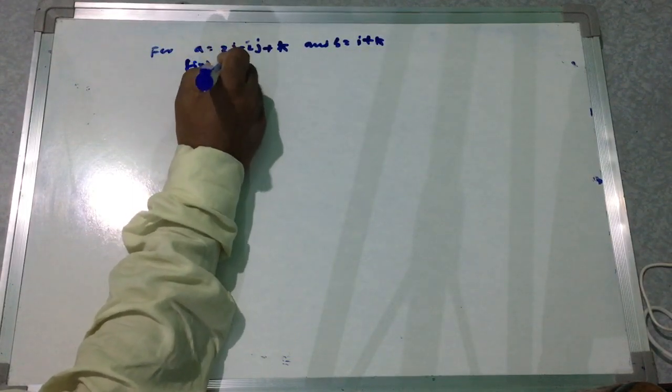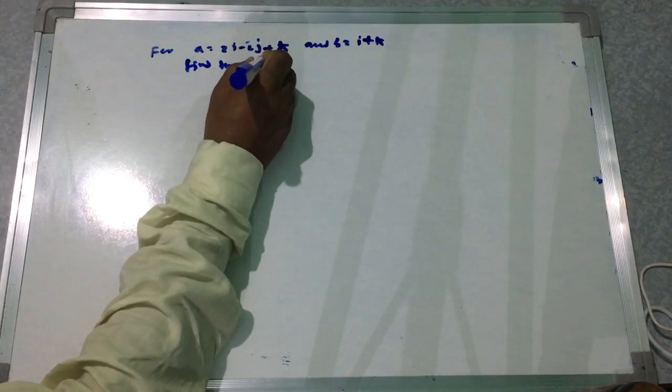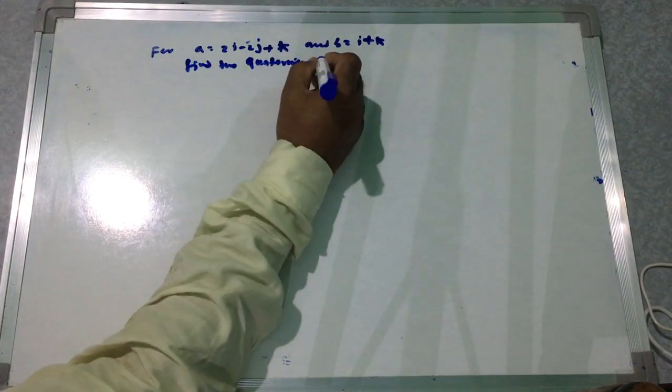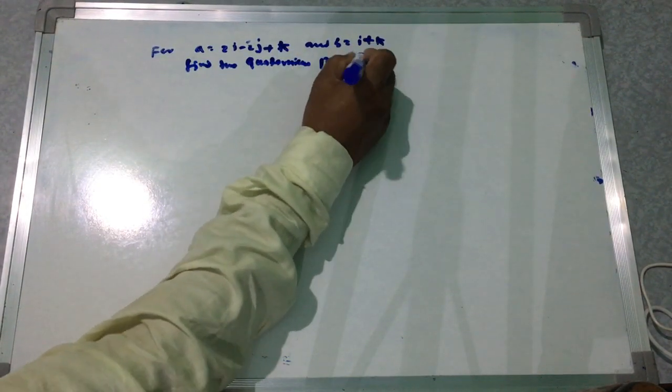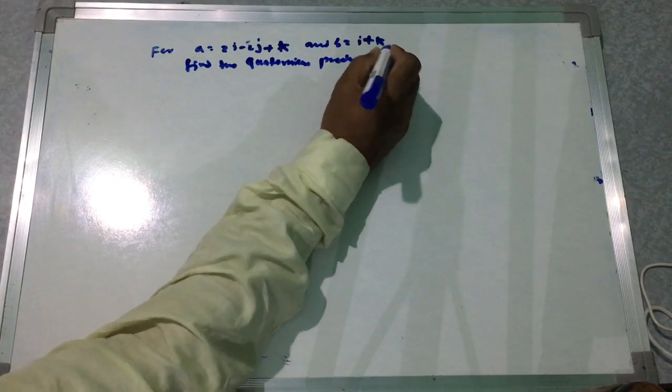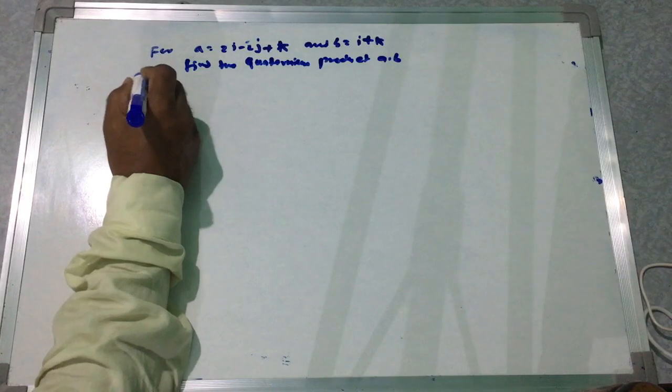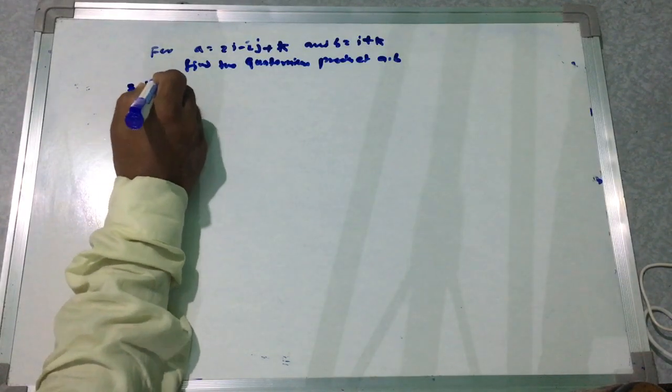Then we can find the quaternion product AB. We have an example for the solution.